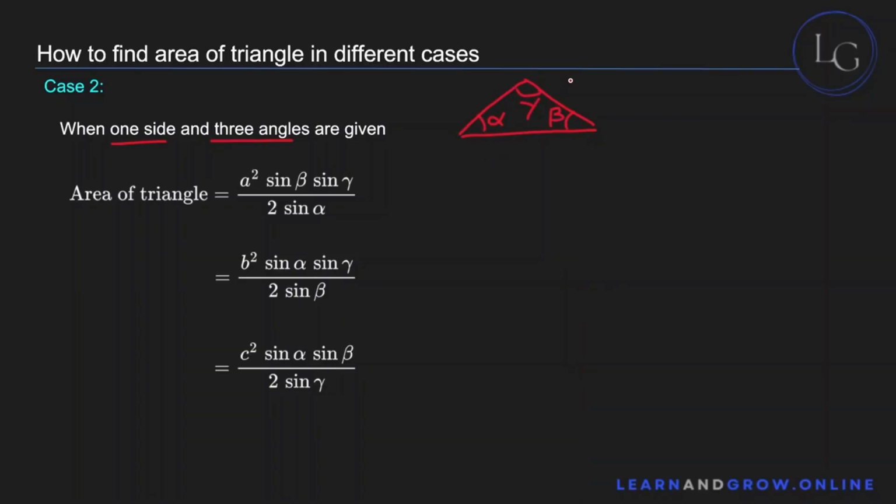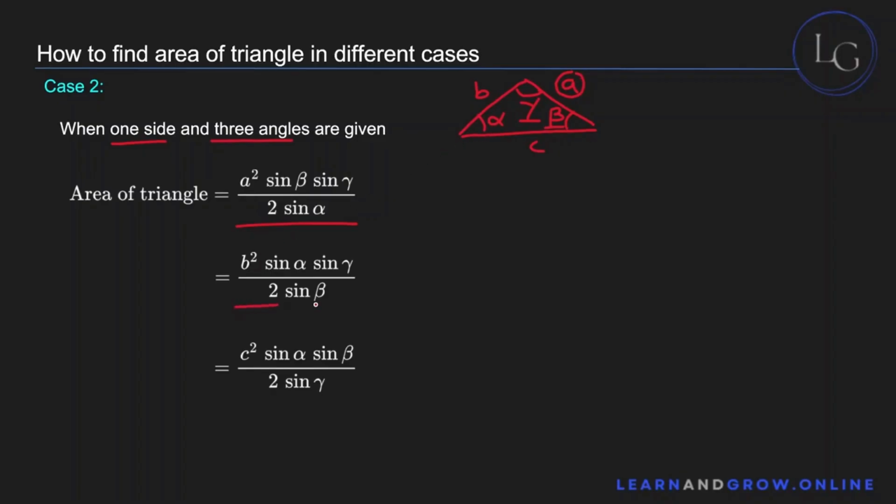The side opposite to alpha is A, this is B, and this is C. Let's say you're given the side A. Well, you can use this formula, the first one: A squared into sine of the first angle that is not opposite to A, which is beta, into sine of the second angle that is not opposite to A, gamma, over 2 sine of the angle that is opposite to the side A.